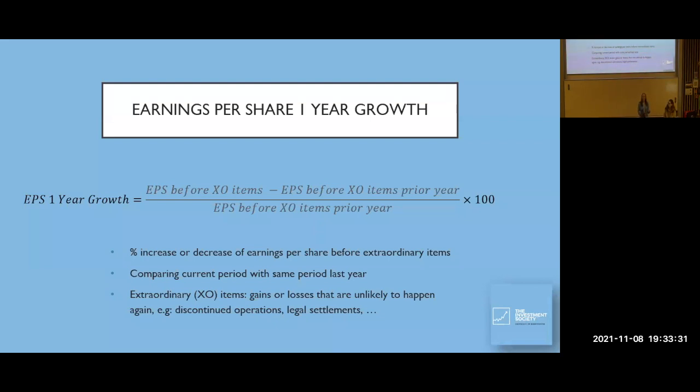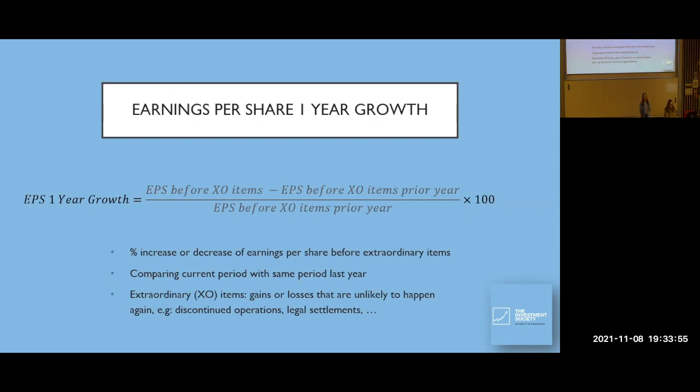What we're looking at when we're screening stocks in particular is the earnings per share 1 year growth. We have a formula behind us, but what the Bloomberg Terminal is great at is you don't need to be using any of these formulas. It's all done for you. It's just the information that is there for your taking.